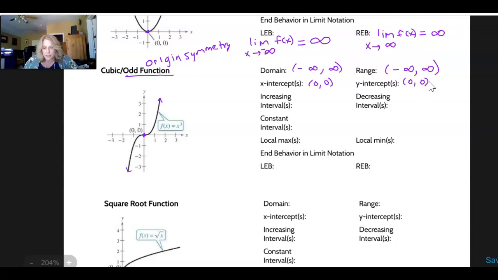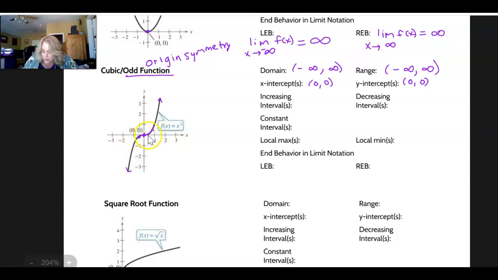Okay, and then we have to talk about increasing, decreasing, and constant. So we start at the left and we go towards the right, and what is the y value doing? Well, it's continuing to go up. And even in this section right here, it's increasing slightly. Even though it may not look like it, it is increasing slightly. If you put y equals x cubed in a calculator and trace it, you see it's just continually going up, just not as much in this region.